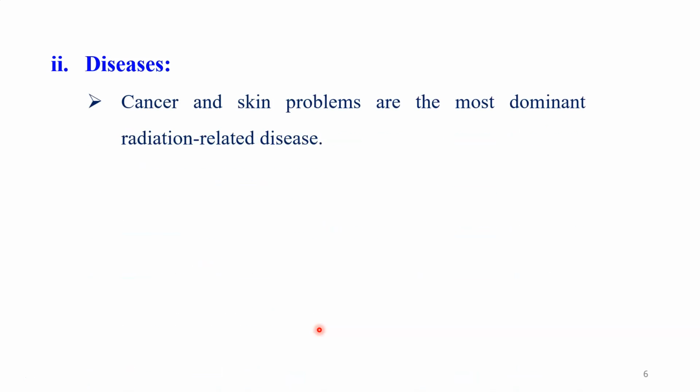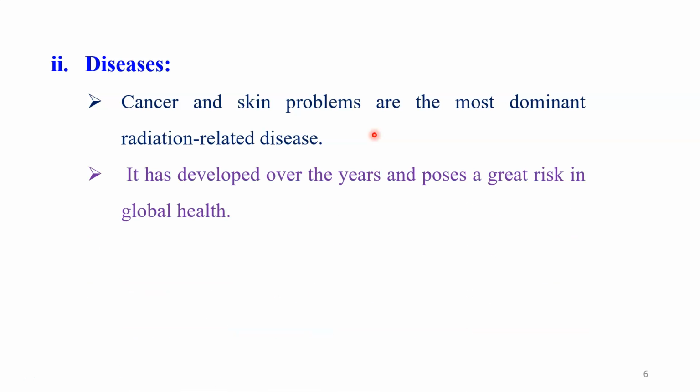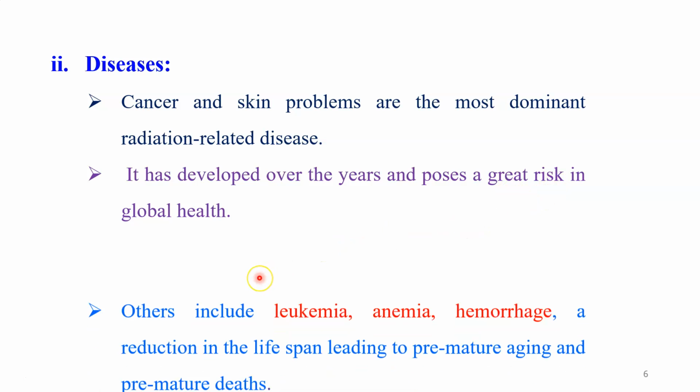Let us discuss the diseases that are the side effects of nuclear pollution. Especially cancer and skin problems are the most dominant radiation-related diseases. They have developed over the years and pose a great risk to global health.